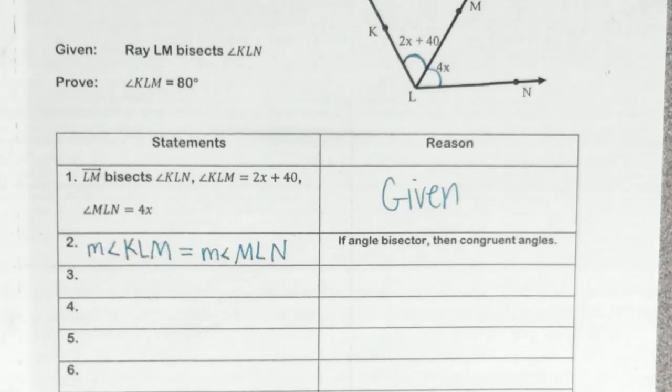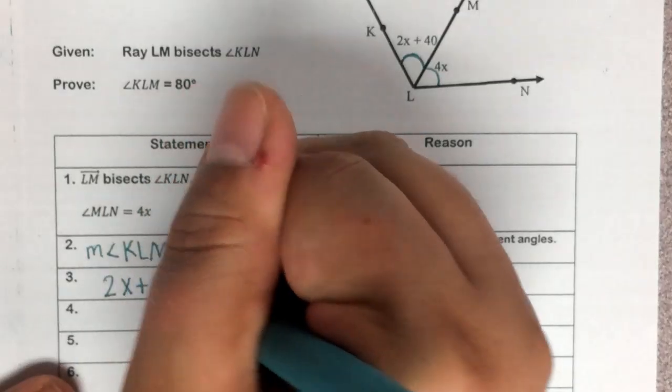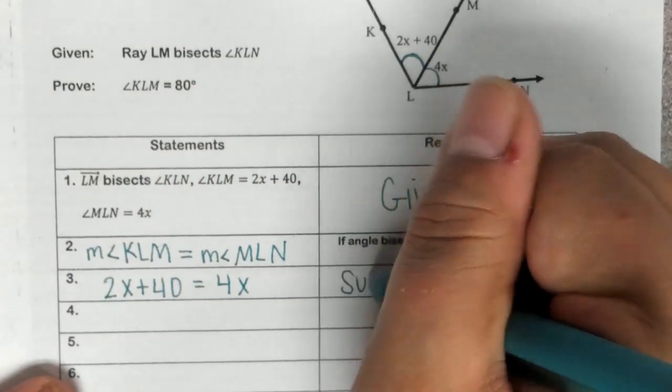Now what can I say? Nope, that's the very end. What am I doing when I write 2x plus 40 equals 4x? Substitution.